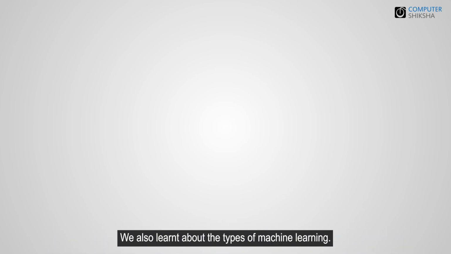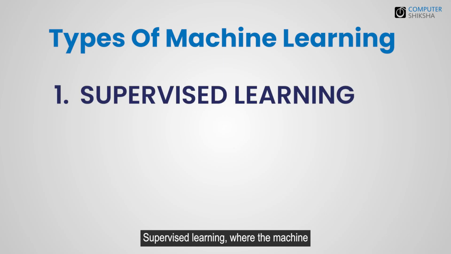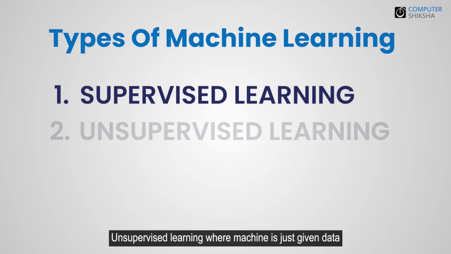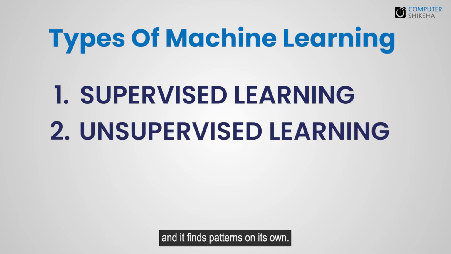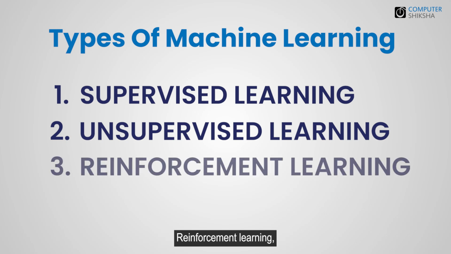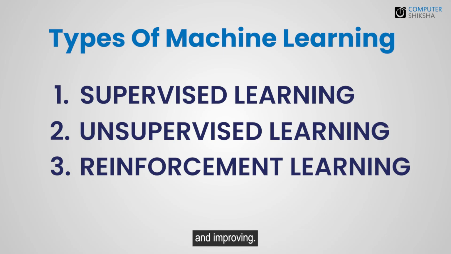We also learnt about the types of machine learning. Supervised learning, where the machine is given data and its labels. Unsupervised learning, where machine is just given data and it finds patterns on its own. Reinforcement learning, where machine learns by trying, getting feedback and improving.